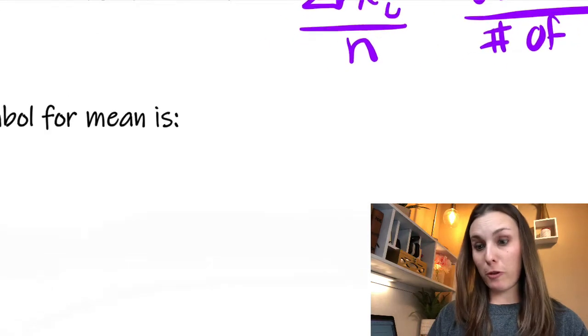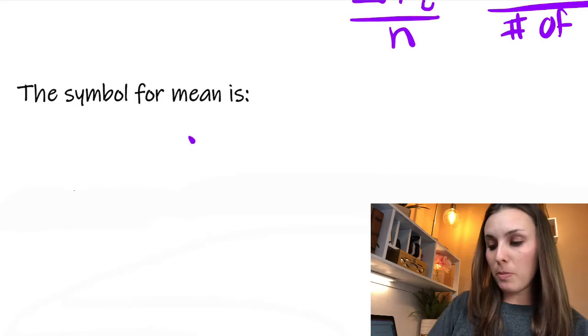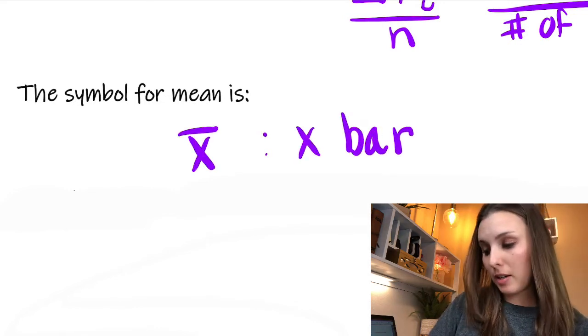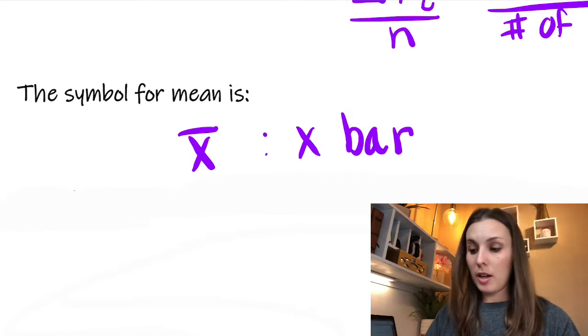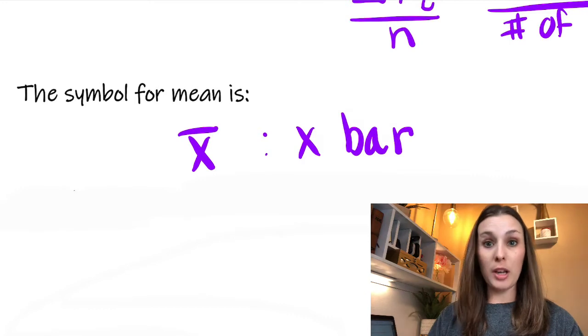And the symbol for mean, which you'll see in textbooks, is x bar, and that's how you say it. X bar. This symbol is a shortcut for the word mean.